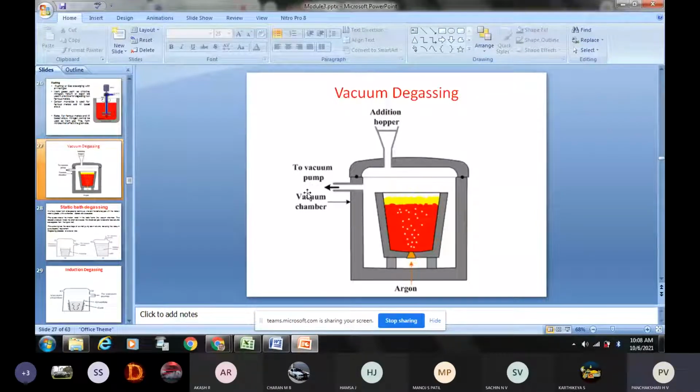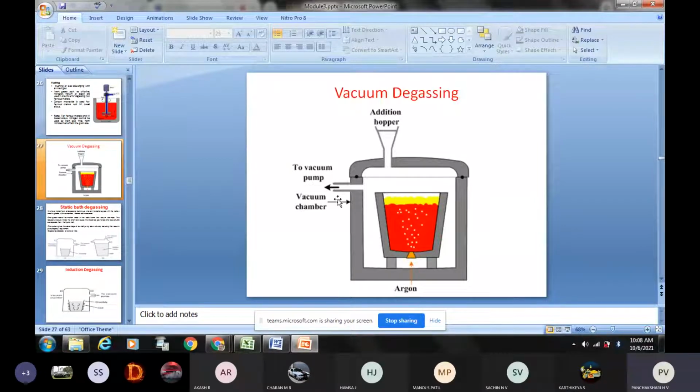How is it removed? By connecting a vacuum pump, just like the vacuum cleaner you might have used at home. It sucks the air, and all the dust particles are sucked into the machine. So that is the vacuum.